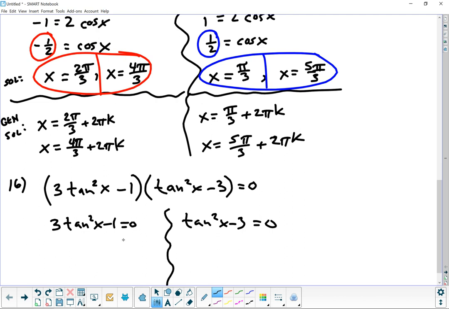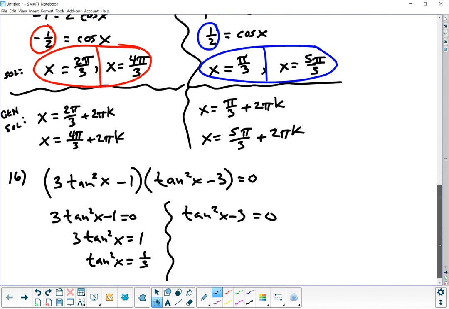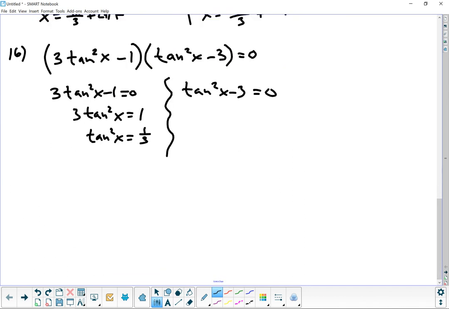So minus 1, 3 tangent square x equals positive 1, divided by 3. We get tangent square x equals 1/3. All right, you're going to go ahead and take the square root of both sides to get rid of the square, which means you get plus or minus.